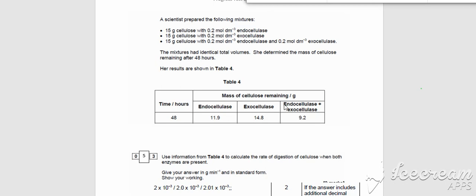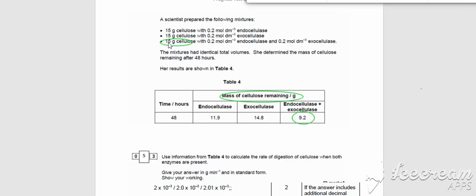The bit of information that we need to know is that there is 9.2 when there is endocellulase and exocellulase, but it's also important to remember that this is the mass of cellulose that remained. So that is what is left over after the experiment has happened.